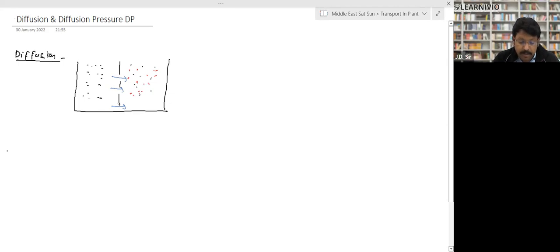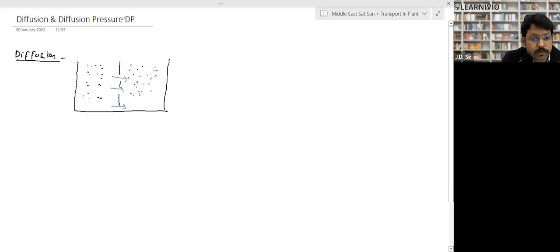Full stop. No, that is a diffusion pressure, right? So we call it dP. Now we have studied osmosis, diffusion, then yes, one more important thing, diffusion pressure deficit. One more important term which I want to tell you.